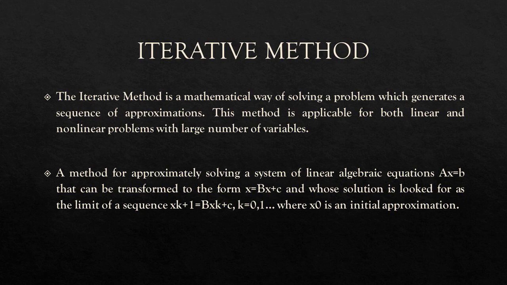So this is a method for approximately solving a system of linear algebraic equations AX = B that can be transformed to the form X = BX + C. The solution is looked for as the limit of the sequence x(k+1) = Bx(k) + C, k = 0, 1, or any integer number, where x0 is the initial approximation of these iterative methods.